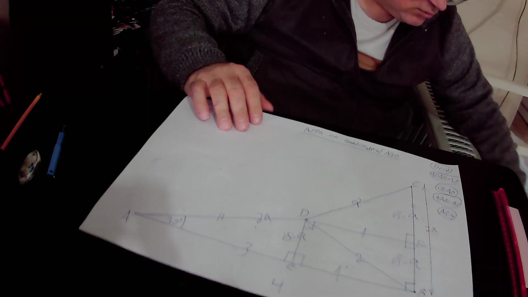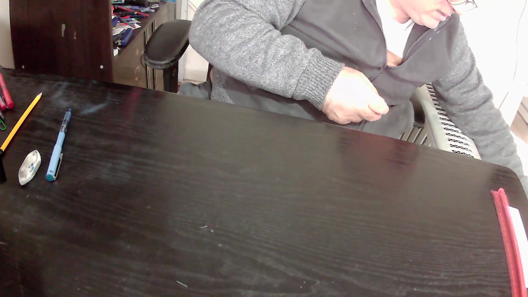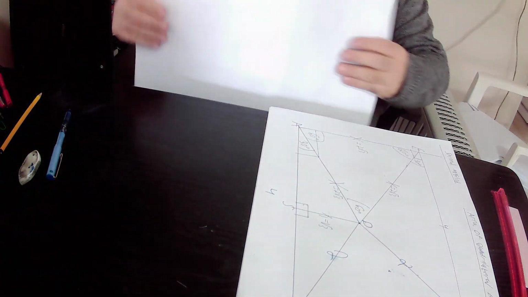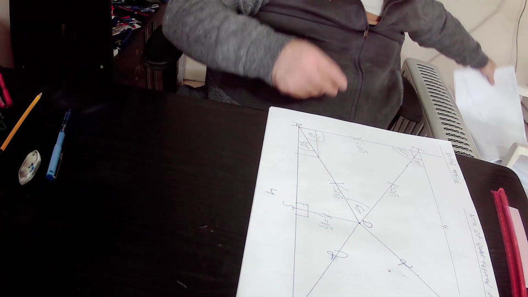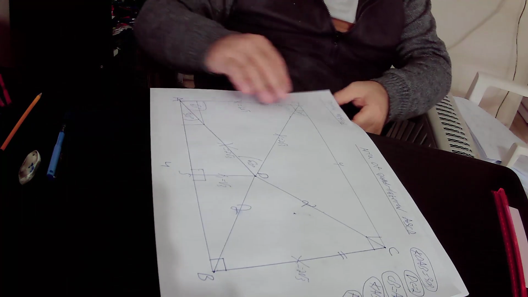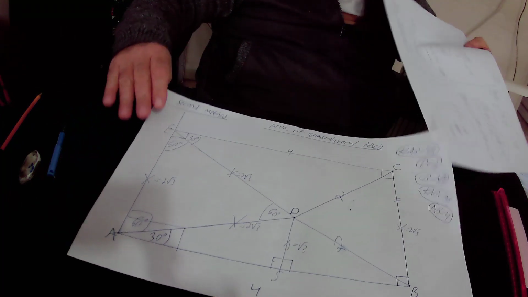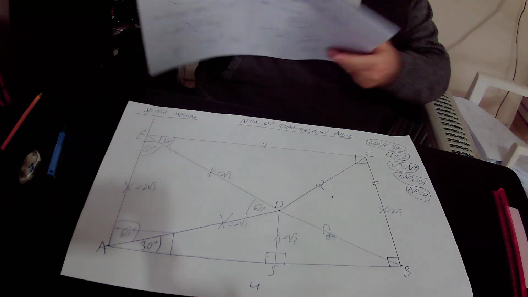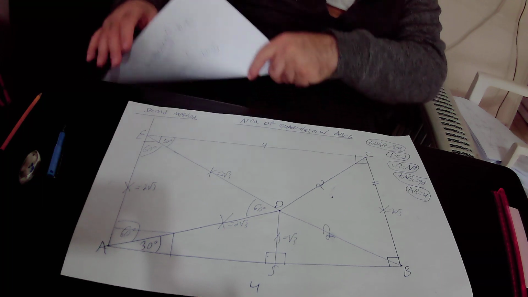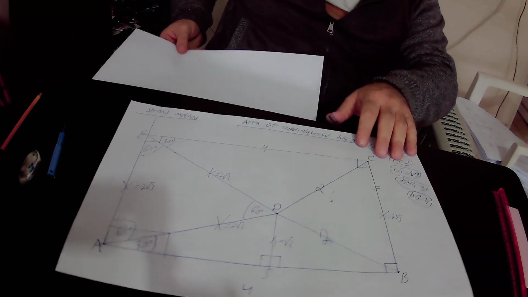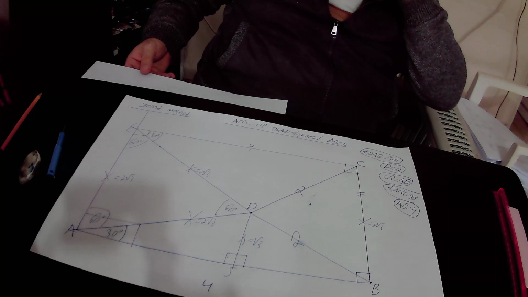Then I presented to you how to find the area of quadrilateral ABCD according to the second method. In the second method we did another construction.